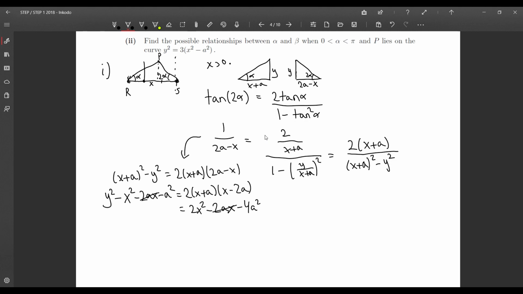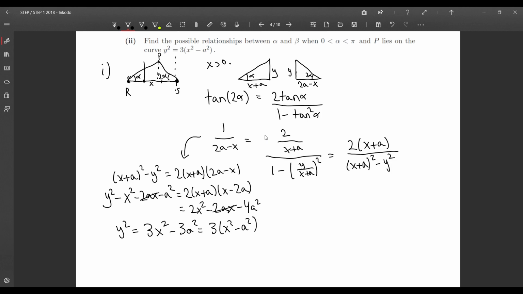So the minus 2ax cancels, and we get y squared is equal to 3x squared minus 3a squared, which is 3 times x squared minus a squared, which is exactly what we wanted to show.